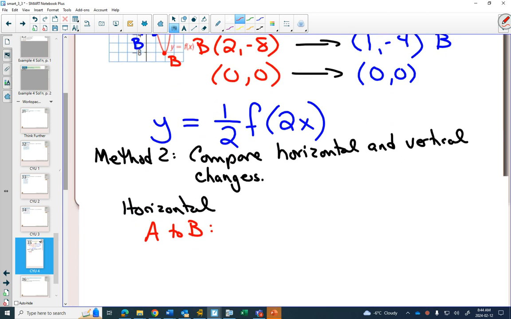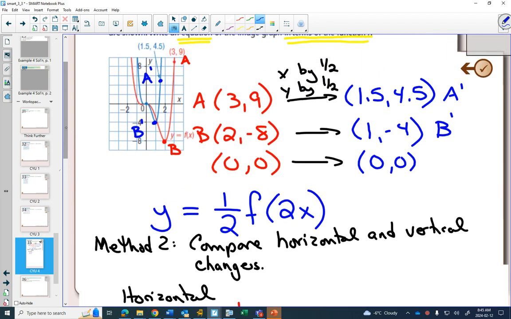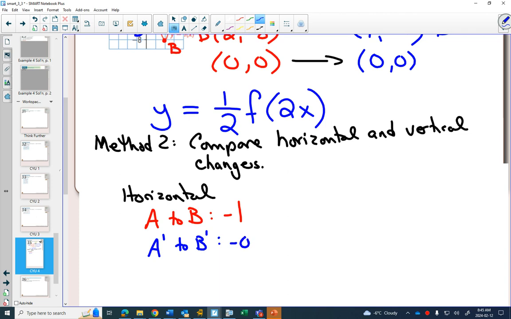If you're going back 1, you're going to write -1 because you're going 1 to the left when you go from A to B. And then I look at my image graph and its horizontal distance from A prime to B prime, and it goes back a half from 1.5 to 1. This tells us when we compare, if I want to go from the red to the blue, I would have to multiply x by a half.